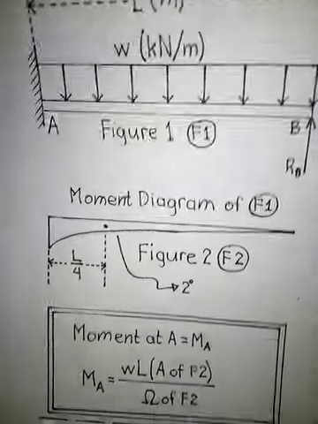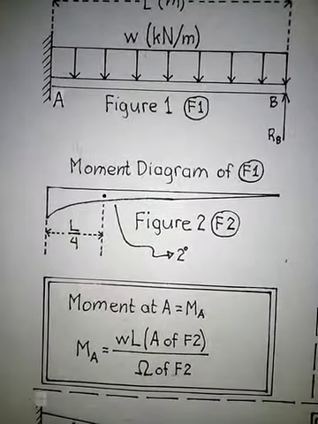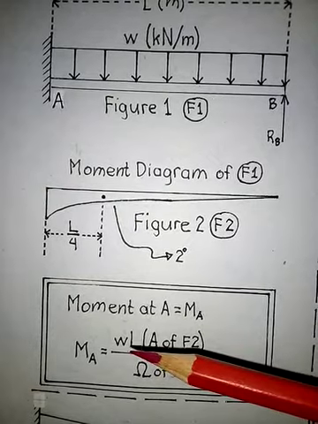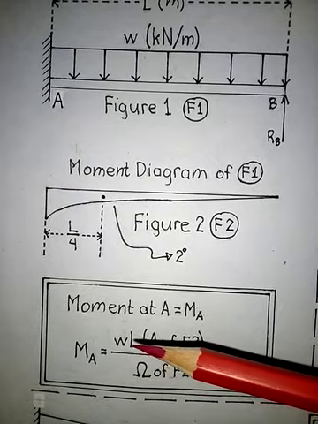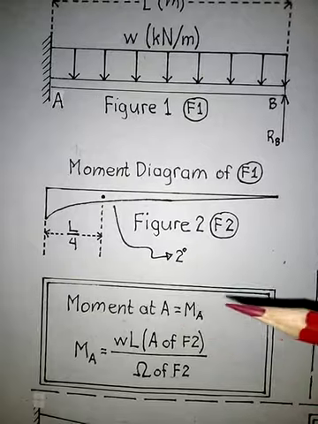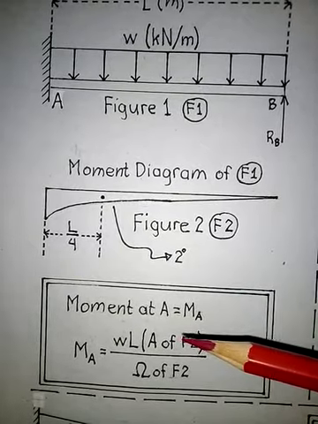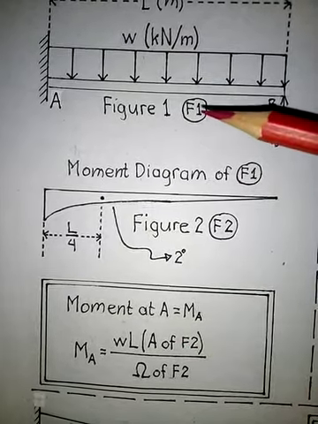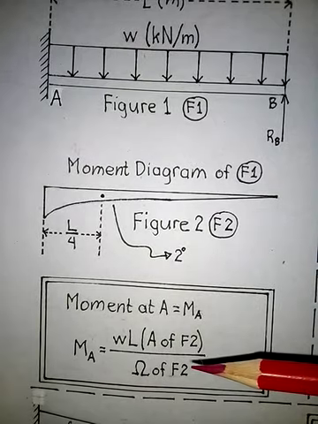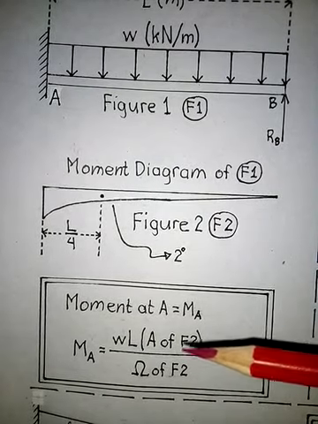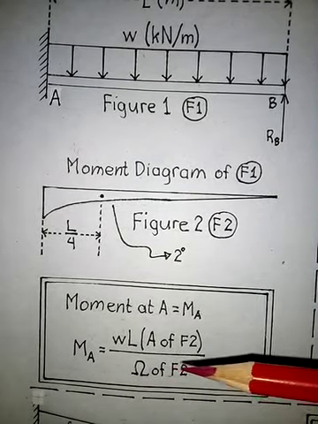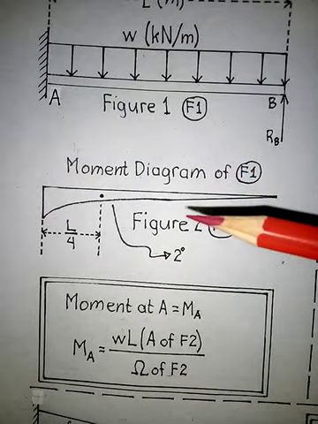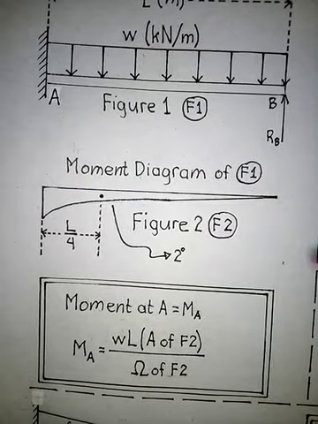And so don't forget the formula to be the uniformly distributed load multiplied by the length of the beam multiplied by the moment arm if it is a uniformly distributed load, and divide that by the degree of the curve of this moment diagram.